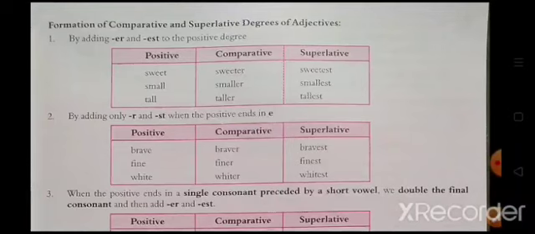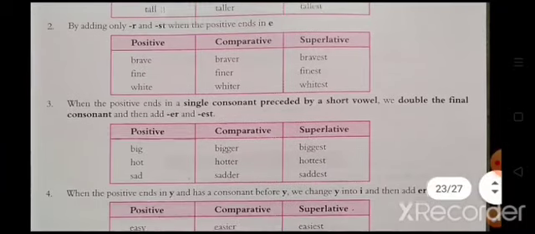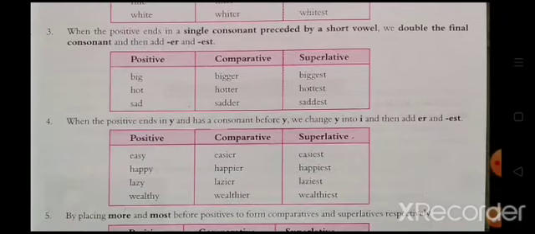By adding r and st when the positive ends in e: brave, braver, fine, finer, white, whiter, and in the superlative bravest, finest and whitest. When the positive ends in a single consonant preceded by a short vowel, we double the final consonant and then add er and est. Big, bigger, hot, hotter, sad, sadder, and in the superlative degree, biggest, hottest, and saddest.